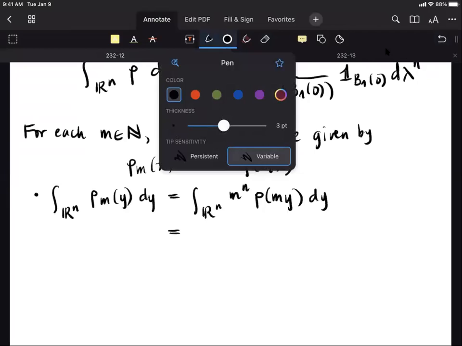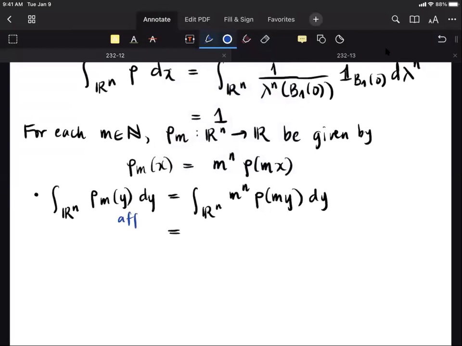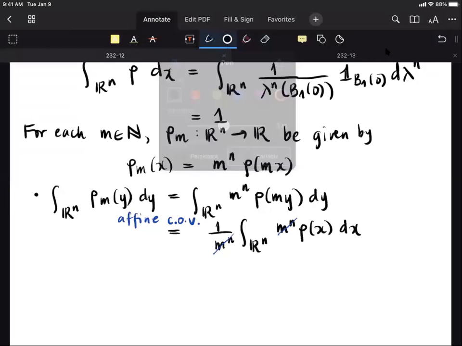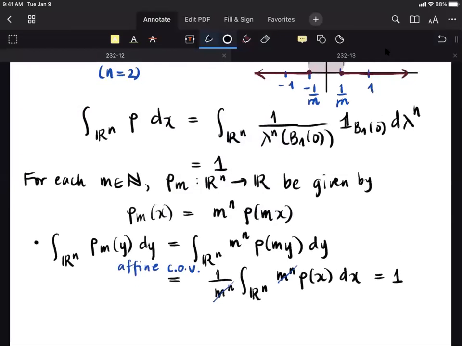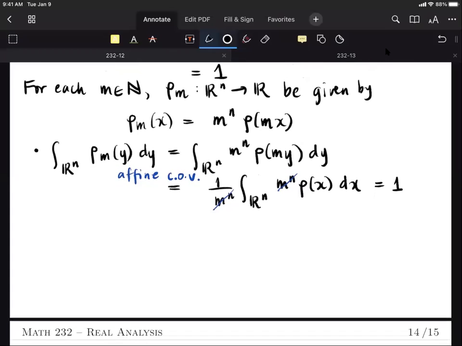So here we apply our affine change of variables. So what we get is 1 over m to the n times m to the n rho of x dx. So this will be cancelled, and we already know that the integral of rho is 1. So this scaling preserves the Lebesgue integral to be 1.